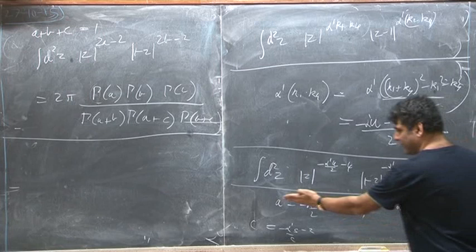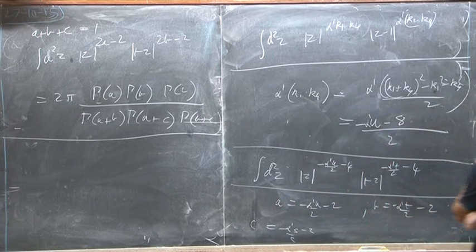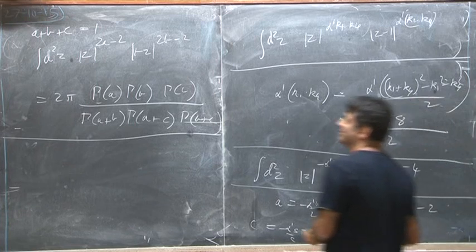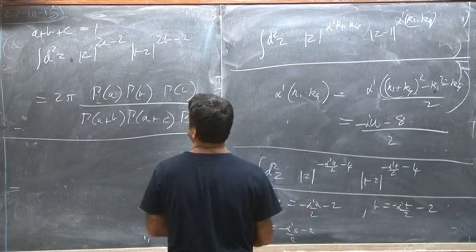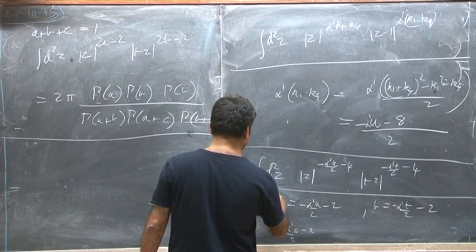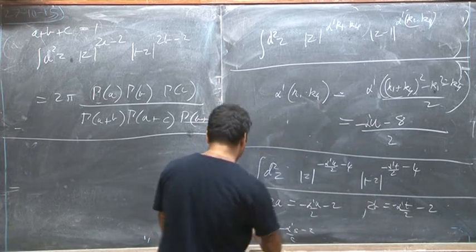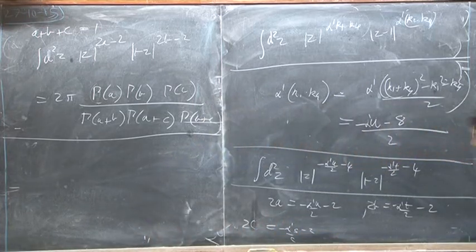In order to check that, we have to check whether A plus B plus C is 1. 2A is this, 2B is this. So let's check if 2C is this, if it works.